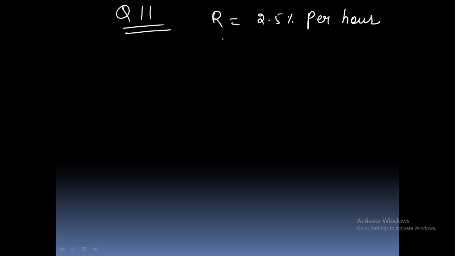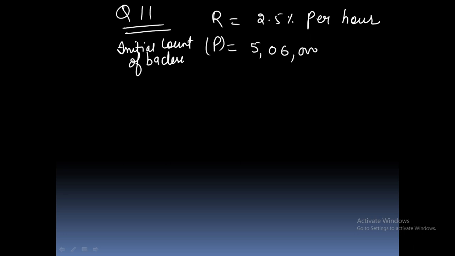And we have been given the principal amount, that is the initial count of bacteria, known as P, 5,06,000.